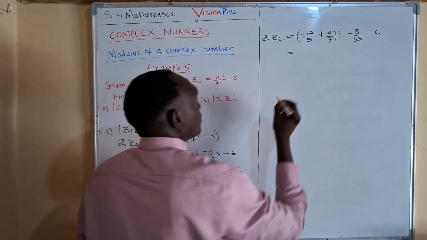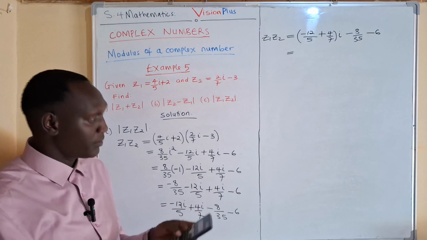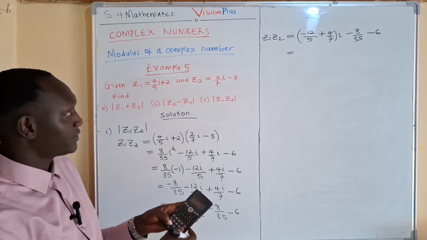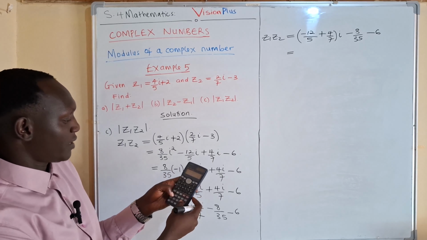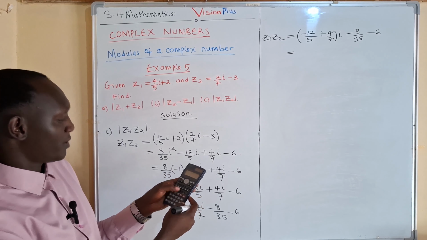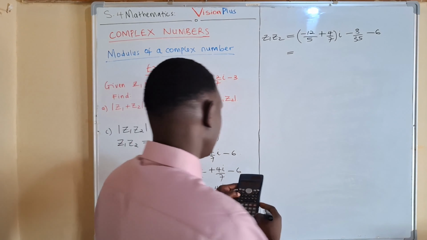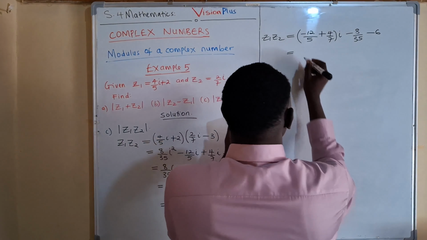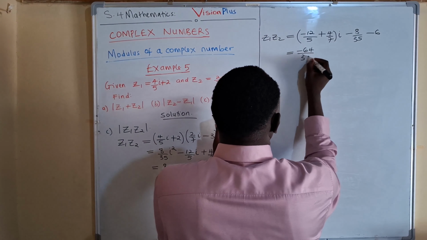Now here, what is negative 12 out of 5 plus 4 out of 7? Here's the calculator. Negative 12 divided by 5, plus 4 divided by 7. I'm getting negative 64 out of 35.